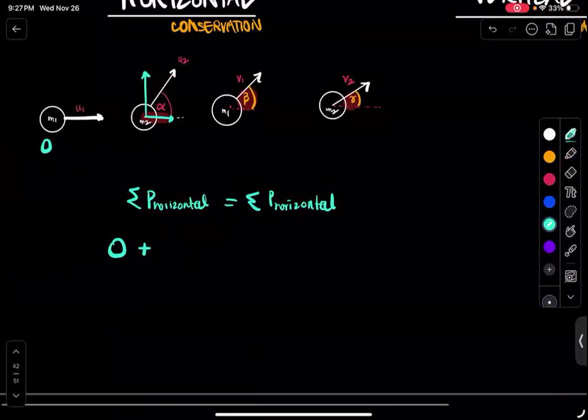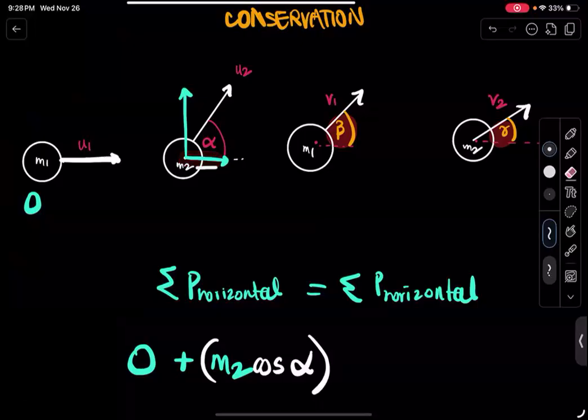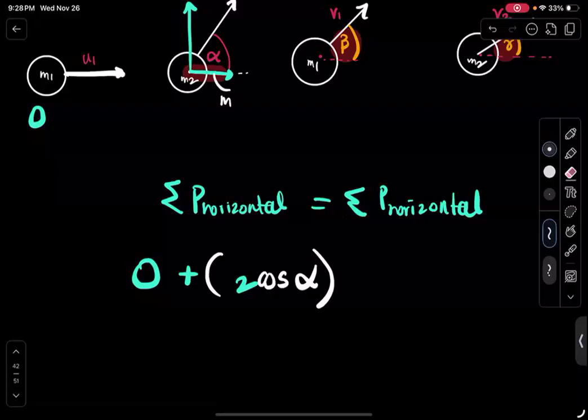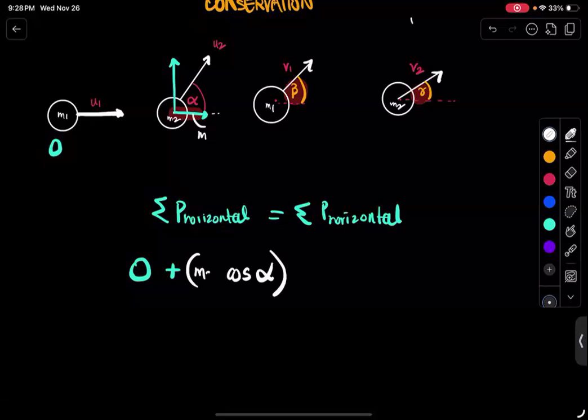It's going to be, sorry, not M2 but P, this is going to be M2 U2 cos alpha.